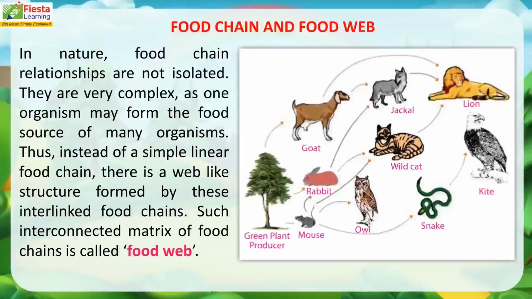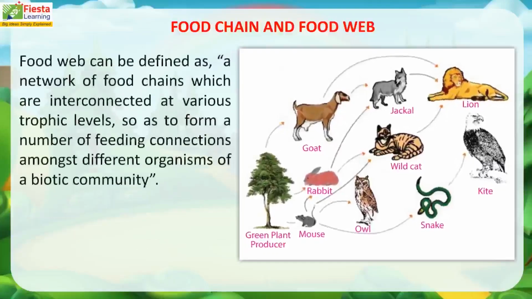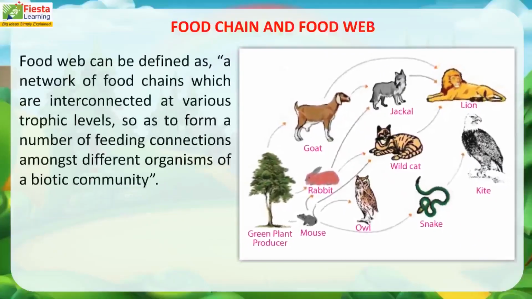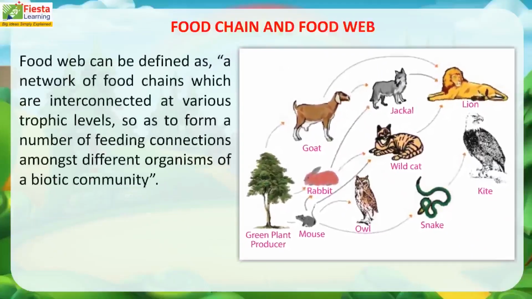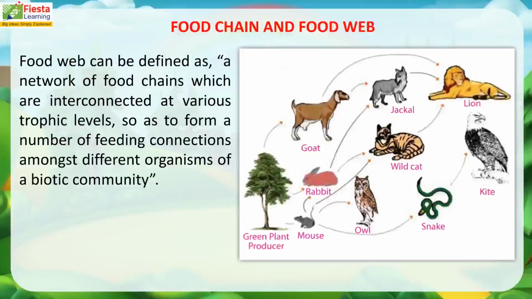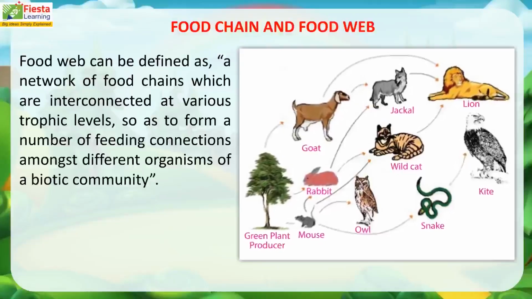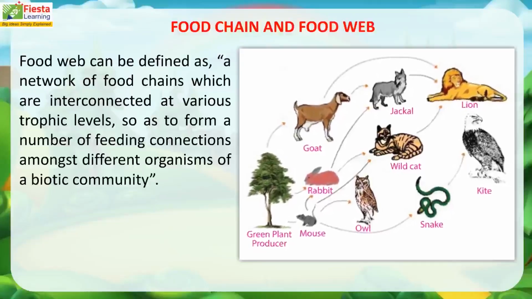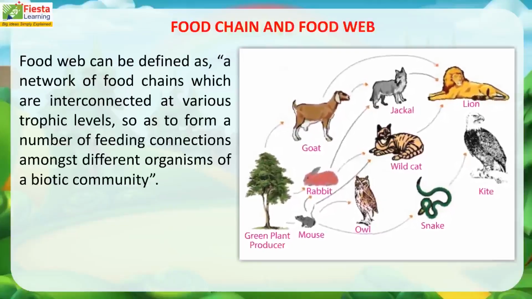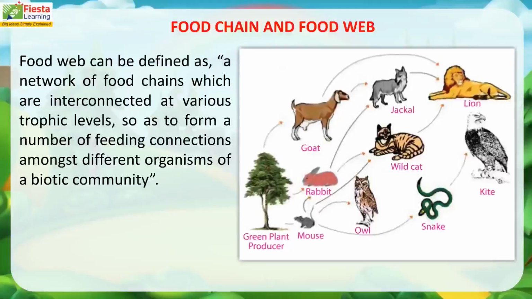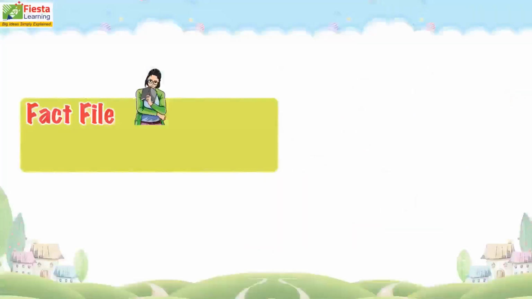Such an interconnected matrix of food chains is called a food web. A food web can be defined as a network of food chains which are interconnected at various trophic levels so as to form a number of feeding connections amongst different organisms of a biotic community.